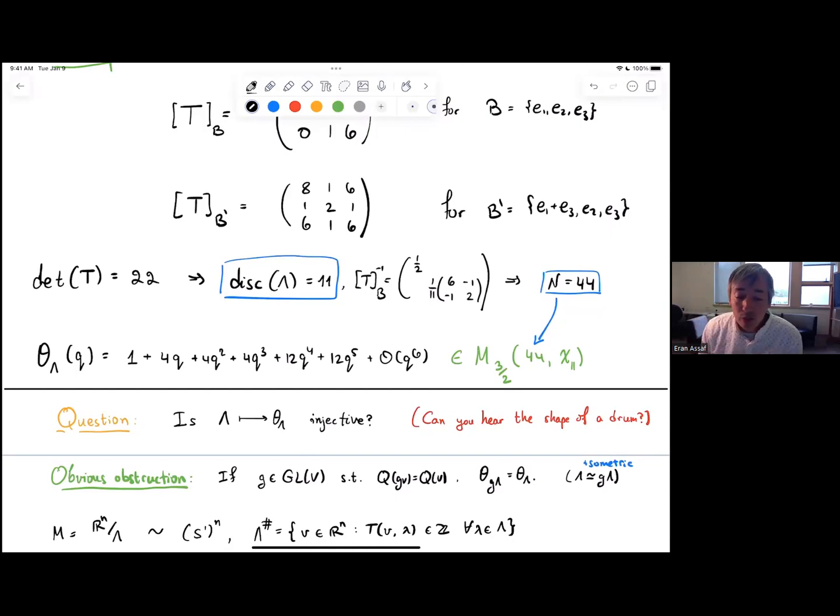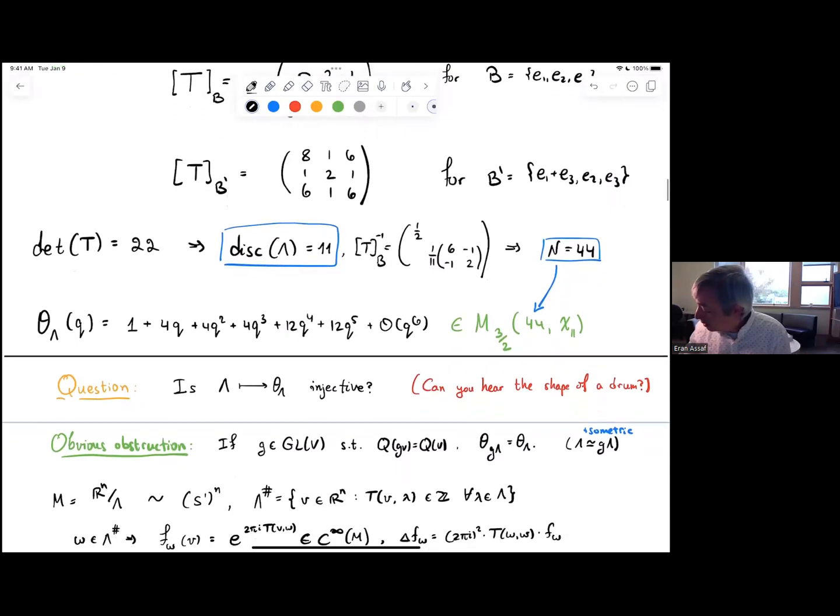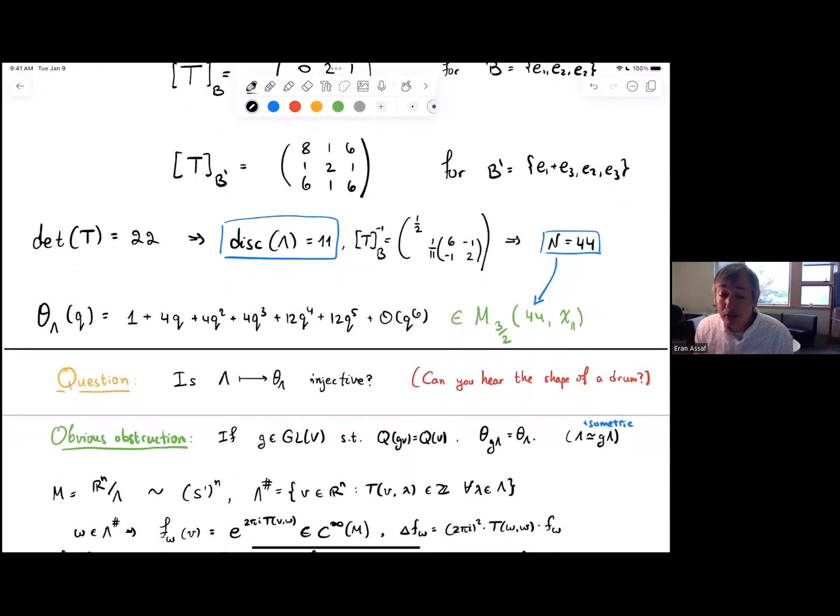Now, if we look at the dual lattice, so the dual lattice consists of all the elements that pair to something integral with elements of our lattice, then they give rise to eigenfunctions of this differential operator.